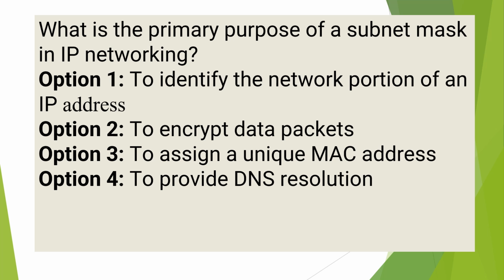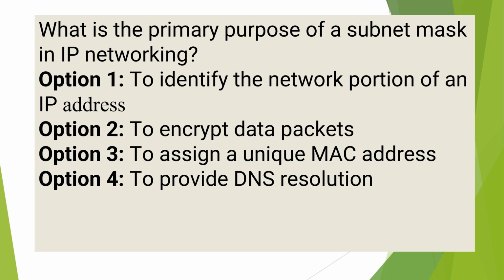The first question: what is the primary purpose of a subnet mask in IP networking? The options are: to identify the network portion of an IP address, to encrypt the data packet, to assign the unique MAC address, to provide DNS resolution.